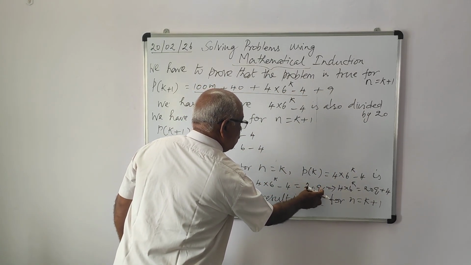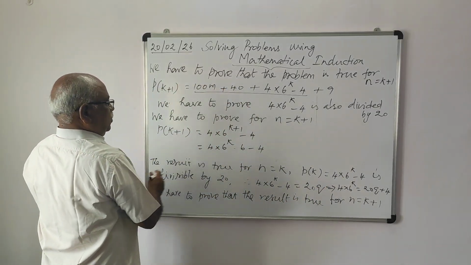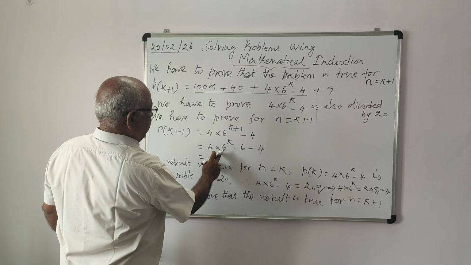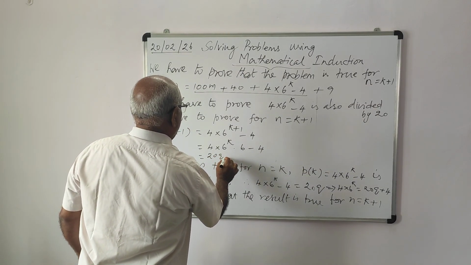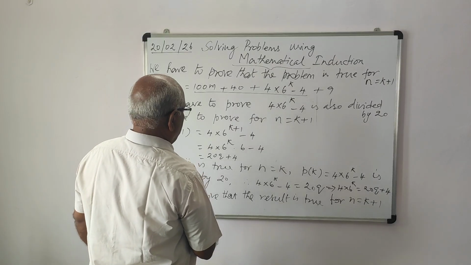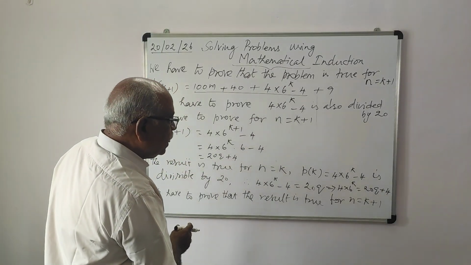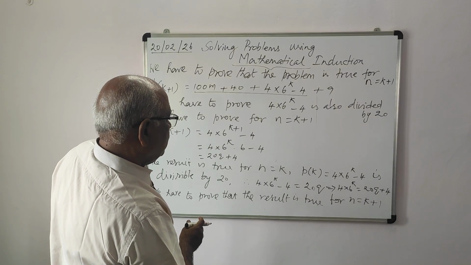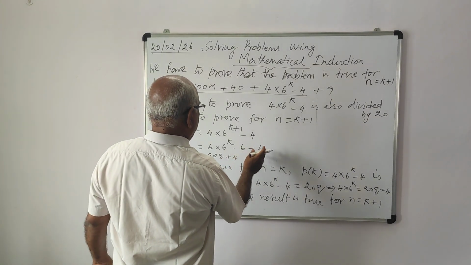It is 20q plus 4. Therefore, now this expression 4 into 6 power k can be replaced by 20q plus 4. Okay. Into 6 minus 4.